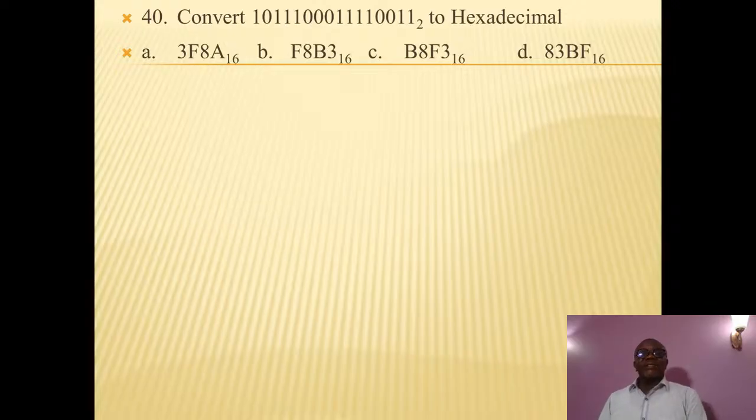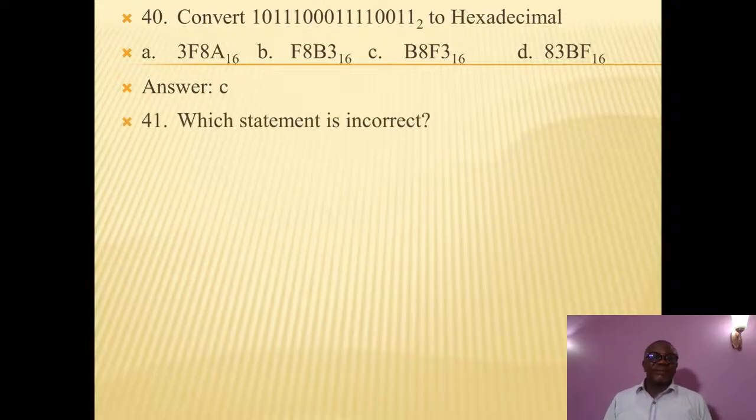So you put your 8. And the last 4 bits, which is 1011, is equivalent to 11, which is B. So you see that automatically our answer becomes a C, which is B8F3 in base 16. So any number that is given to you in base 2 to convert to base 16, you just group them in 4 bits and put their hexadecimal equivalent, and it gives you the answer.